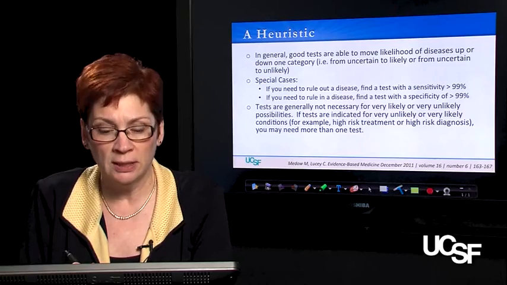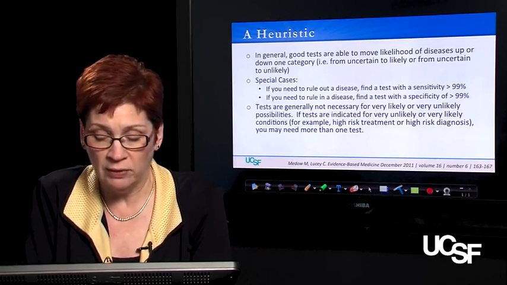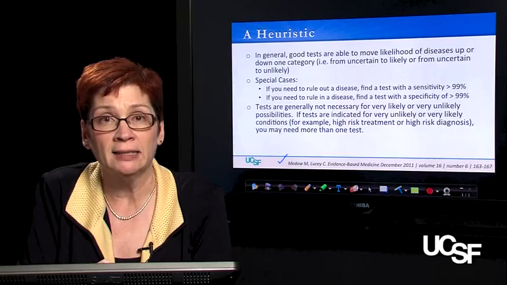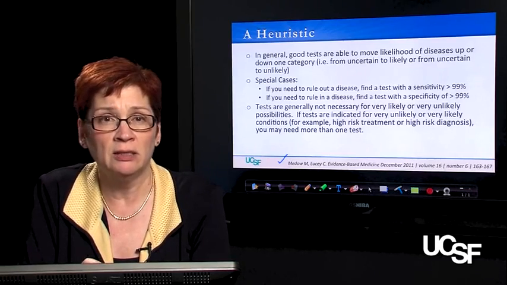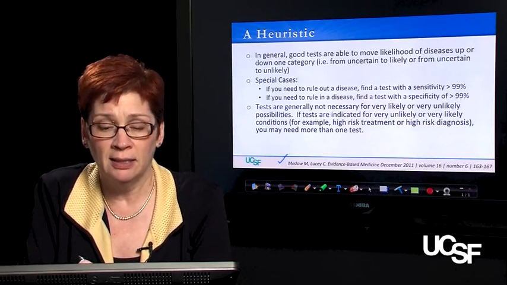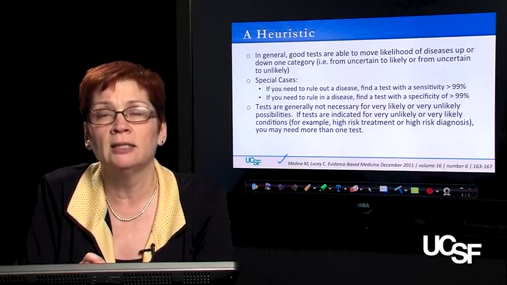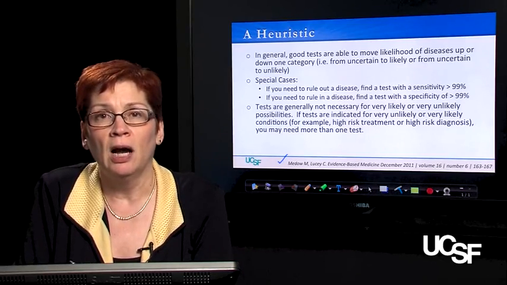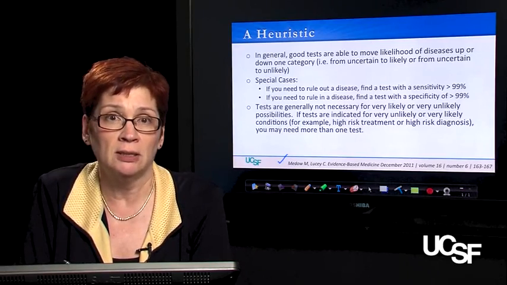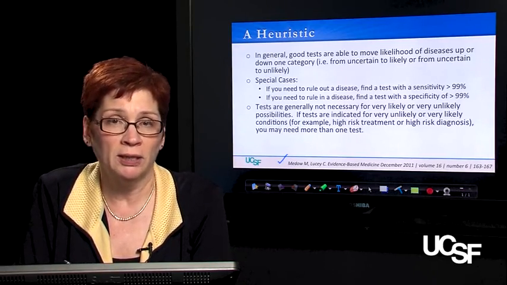And remember, this heuristic, written about in this evidence-based medicine article referenced down here, told us that if you're dealing with a good test, that is a test with a sensitivity and specificity greater than 85% but less than 99%, that these good tests are able to help us move our certainty about the likelihood of a given disease causing a patient's symptom up or down one category.